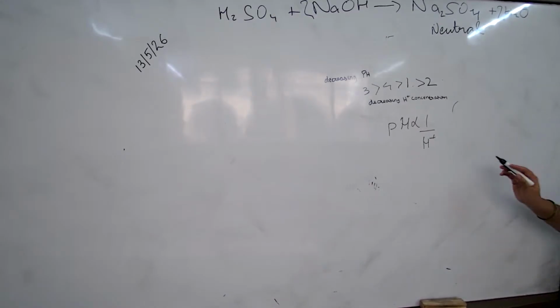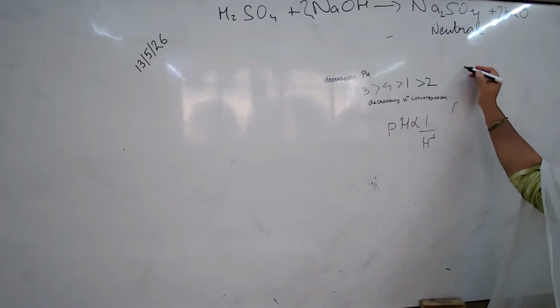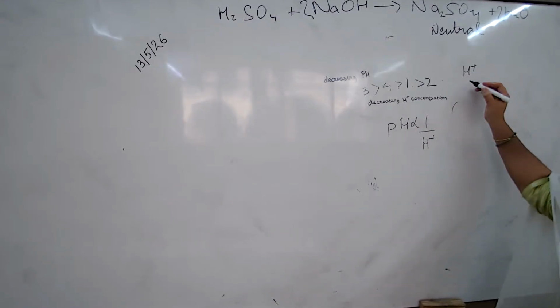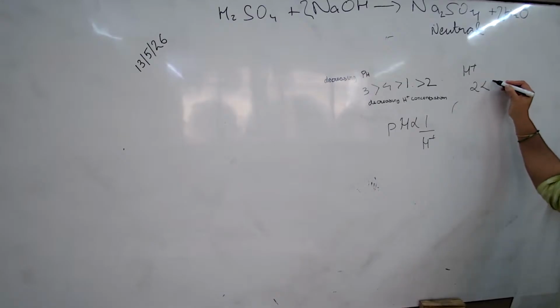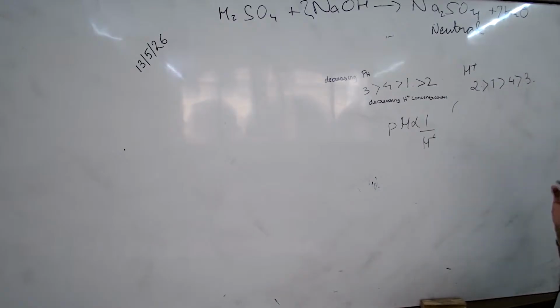Lower the pH, stronger the acid, more will be the hydrogen ion concentration. So if this is the decreasing order of pH, then the decreasing order of hydrogen ion will be the inverse. It will follow the inverse order of pH. So first write the order of pH, and its inverse will be the decreasing order of hydrogen ion concentration. So it will be C, 2143.